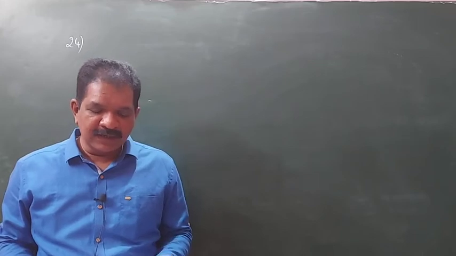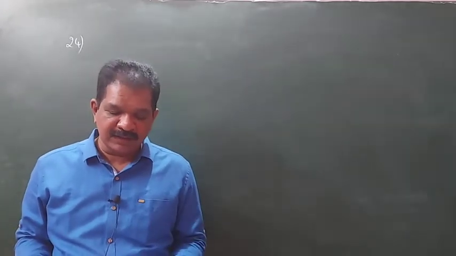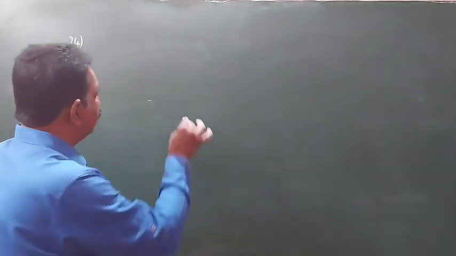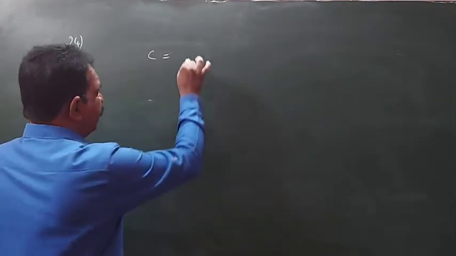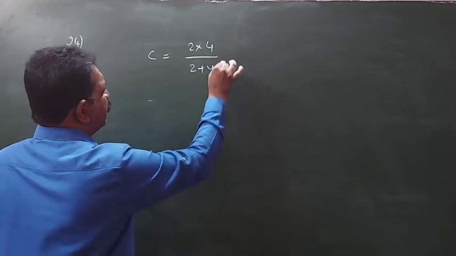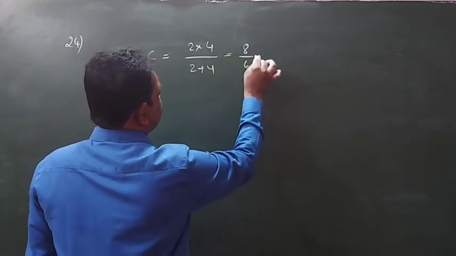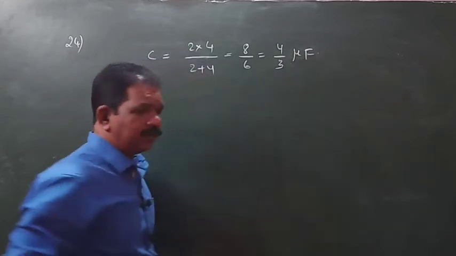Find the electric charge and energy stored in the system. These two are connected in series. What is the effective capacity? C1 C2 by C1 plus C2. So 8 by 6. This will be 4 by 3 microfarad.